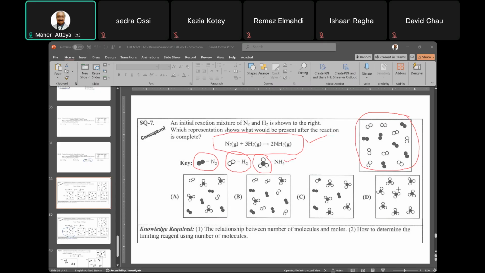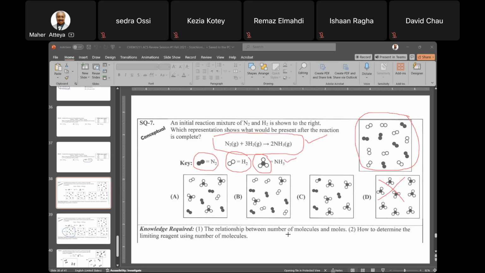Is this correct? They produce ammonia? The answer is again, this is correct, but it does not have an excess. You have to have an excess reactant there. The limiting one has to be consumed, and one of those is in excess, whether it's hydrogen or nitrogen. So let's look at all those together. How about C?